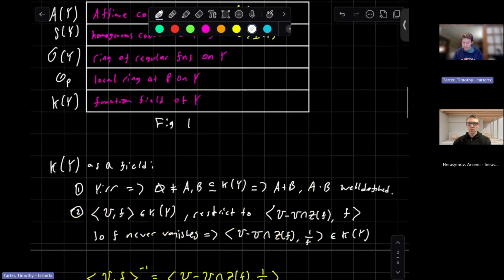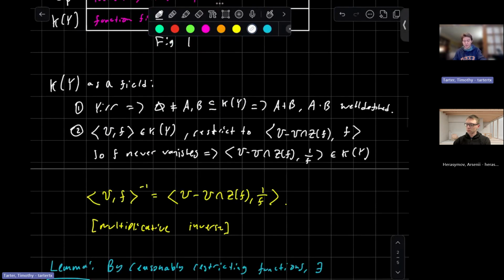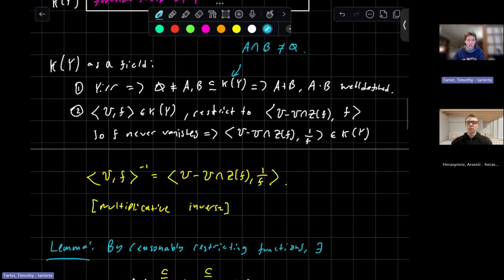So, basically, showing that K of Y is a field: since Y is irreducible, any two non-empty open subsets have an intersection which is not empty. I didn't write that part down. A intersect B is not empty. And then this means that we can define sums and multiplication on them.